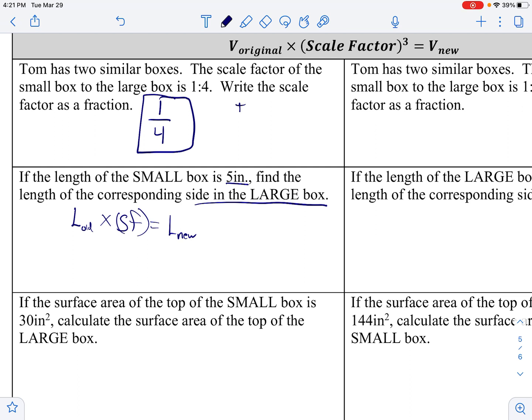Remember, when we're writing fractions and we're using them as conversion ratios, what I'm converting to goes on top, and what I'm converting from goes on the bottom. So if I want to convert to the small one, it makes sense to leave it as 1/4. But if I want to switch from the small one to the large one, it's 4/1.